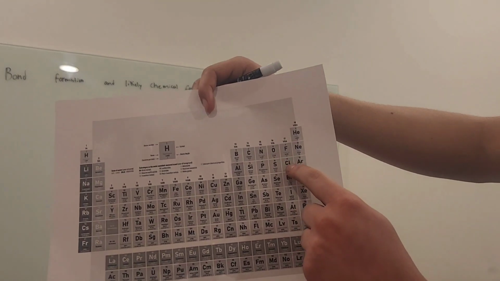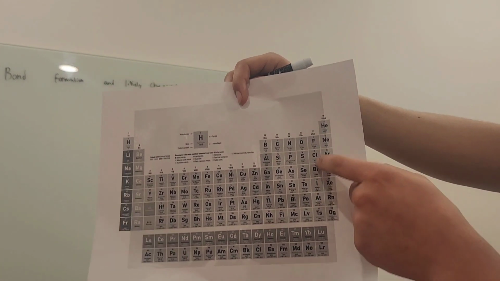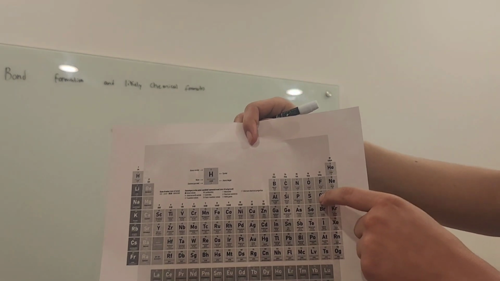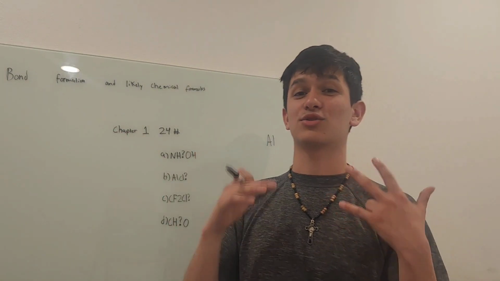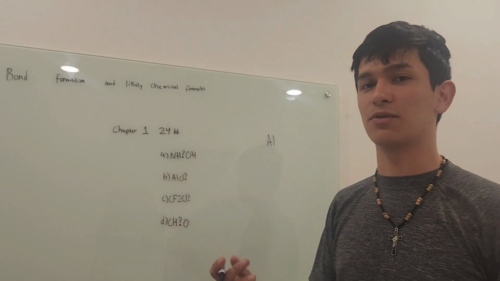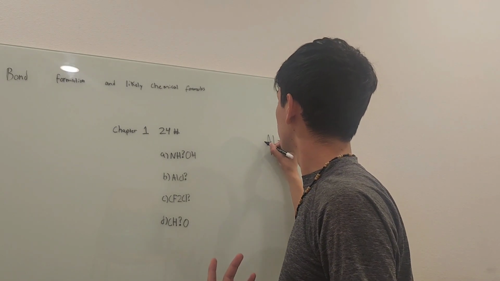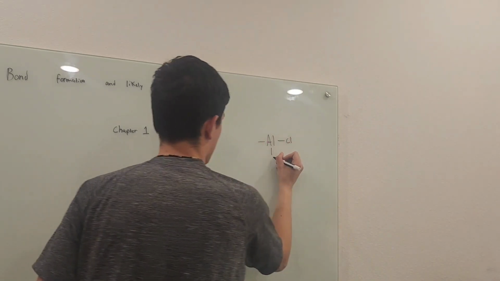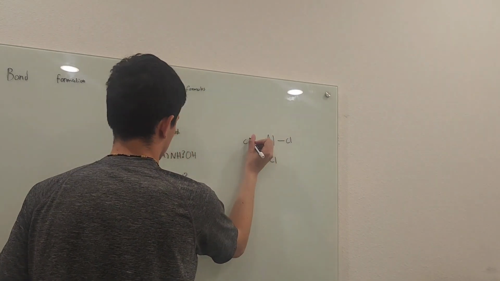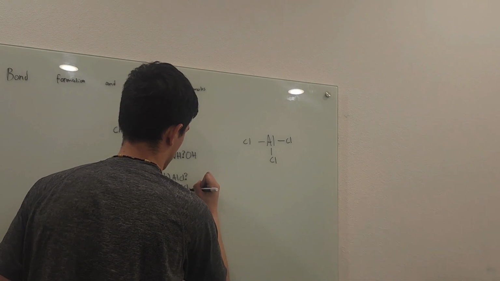We're going to see that chlorine is below fluorine, in the same column as fluorine. So chlorine only likes to make 1 bond. So pause the video and try to think what the likely chemical formula is, because this is easy. If aluminum likes to make 3 bonds and chlorine likes to make 1 bond, the likely chemical formula is going to be aluminum chloride, AlCl3.